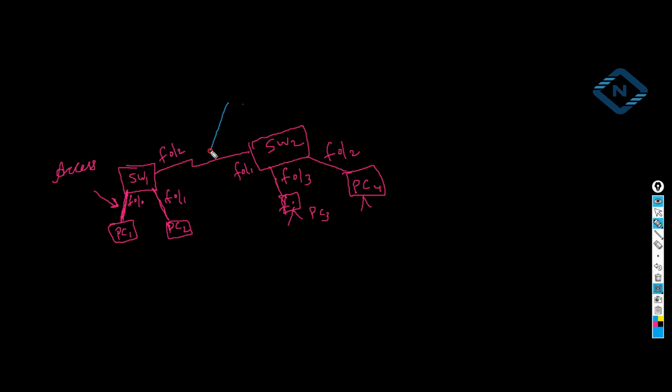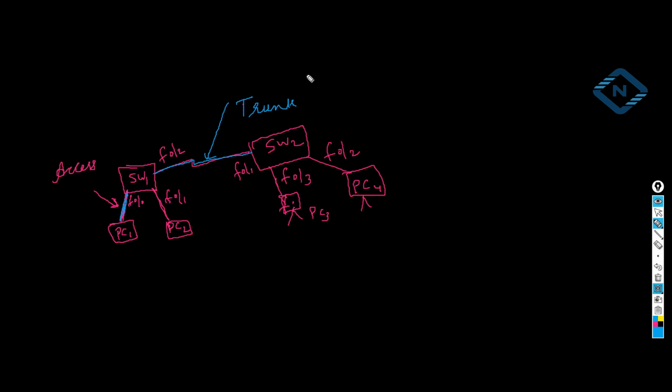This is the link which we need to keep in trunk. In simple terms, whenever you are connecting two switches, that link you need to put in trunk. And whenever you are connecting to end devices, that link you need to keep in access. So you need to remember this one.